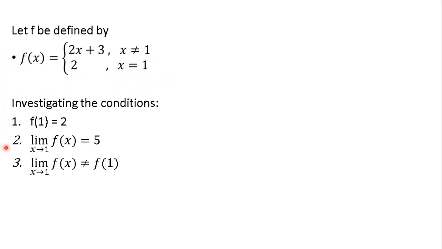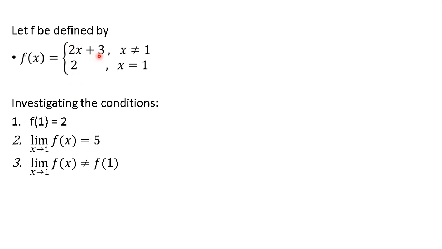For the second condition, the limit of f of x as x approaches 1 is equal to 5. If you are wondering why it is equal to 5, it's because we are using the first function, which is 2x plus 3.